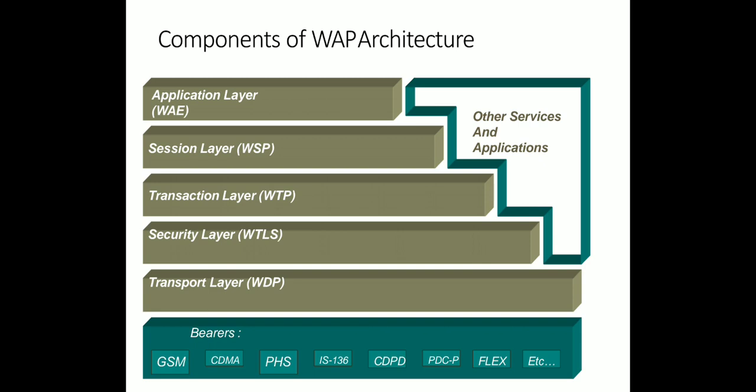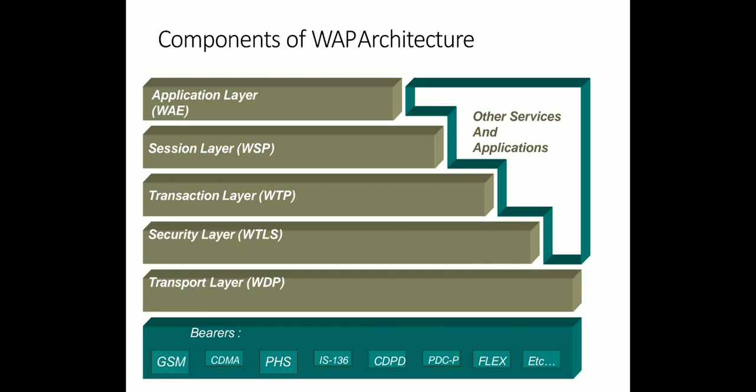Then the security layer. The security layer is used so that whatever data is going to be transferred or received from one end to the other, the data should be secured, and it should not get exchanged or interrupted. So all the security is maintained at the security layer.